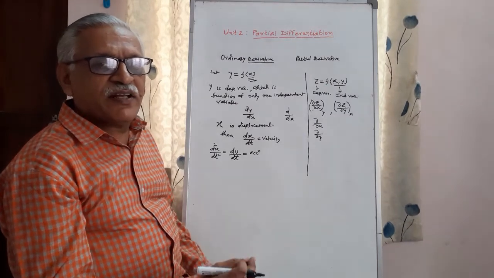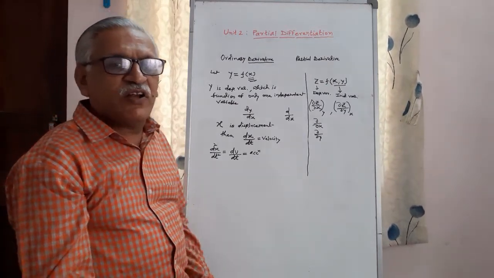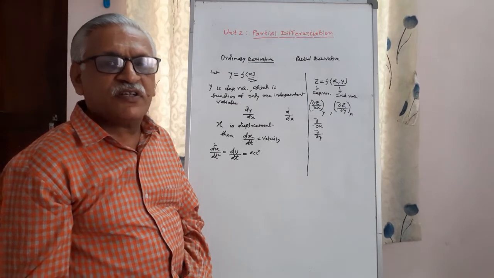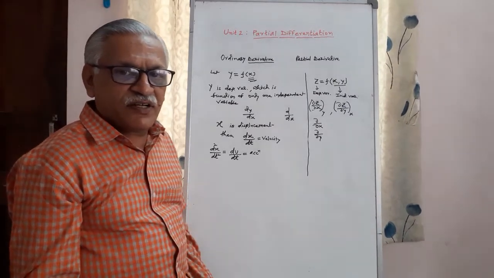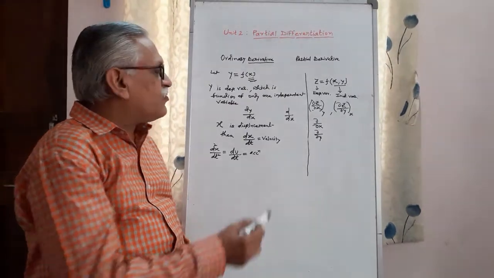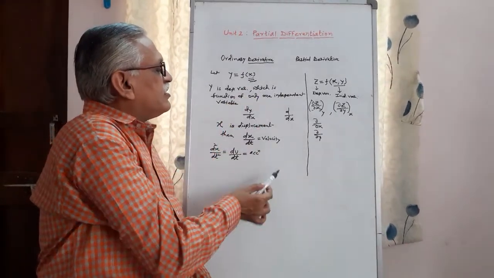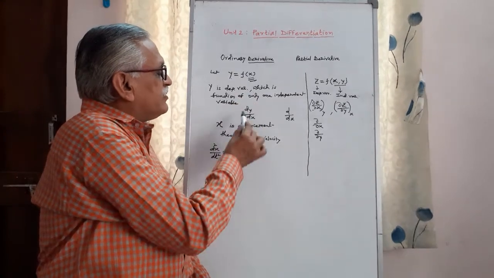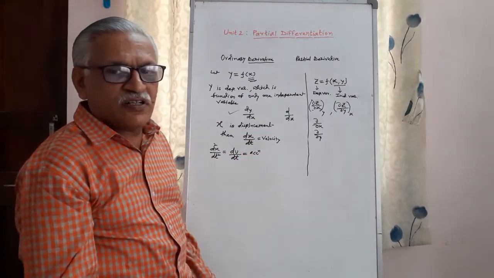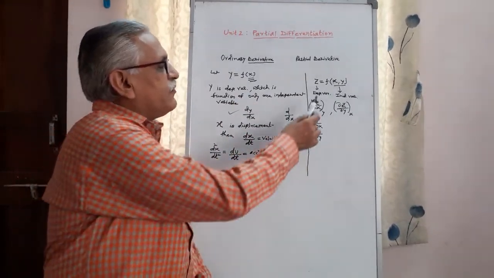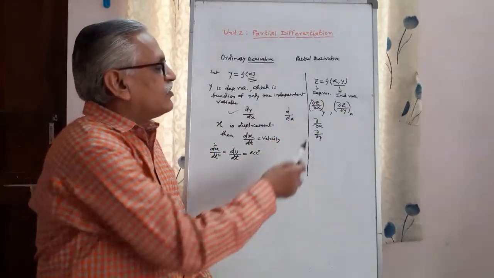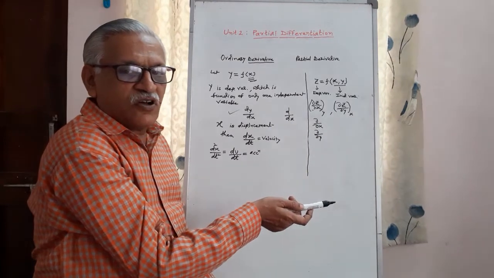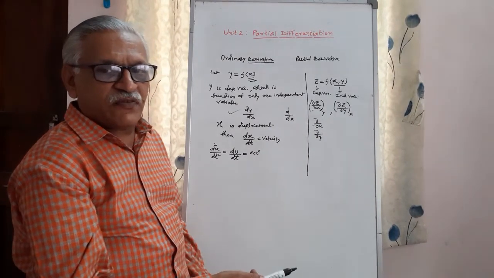Make this point very clear when we have to go for ordinary derivative and when we have to go for partial derivative. Once again, I will repeat. If it is a function of one independent variable, then go for ordinary derivatives. And if it is a function of more than one independent variable, we have to obtain partial derivatives.